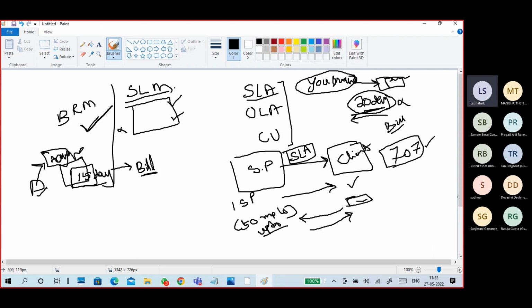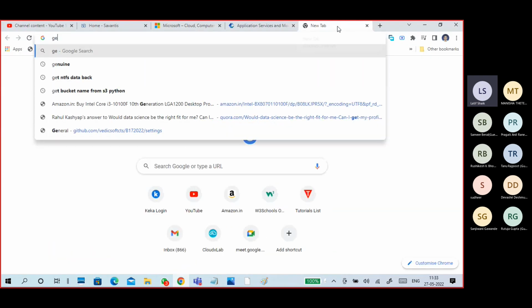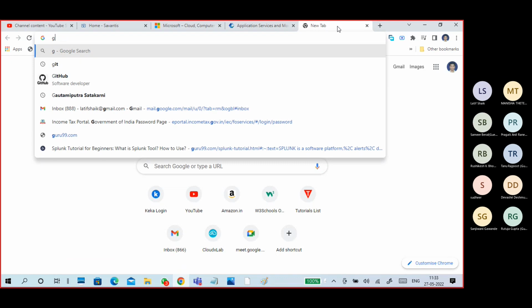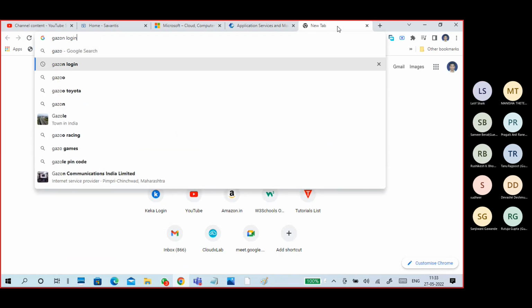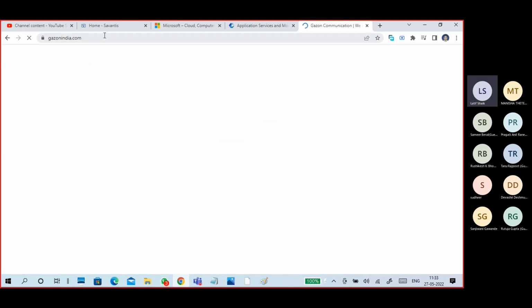Even my internet connection is a local internet connection, not a big one. My internet service is also in Pune. This is my internet connection in my Pune home.